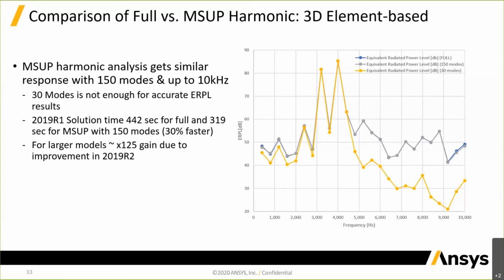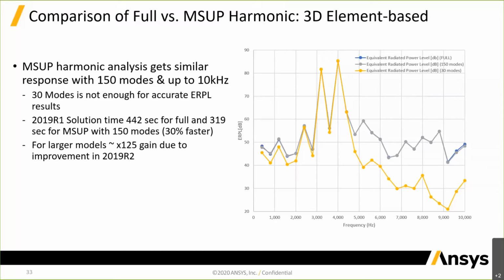Okay, so what I mean by that, the plot on the right shows 3 curves. The blue curve is the full harmonic solution, so we're using the full solver. It's not making any approximations in the solver itself. The gray and the yellow are using the modal superposition analysis, where the yellow has a low number of modes, like 30 modes.